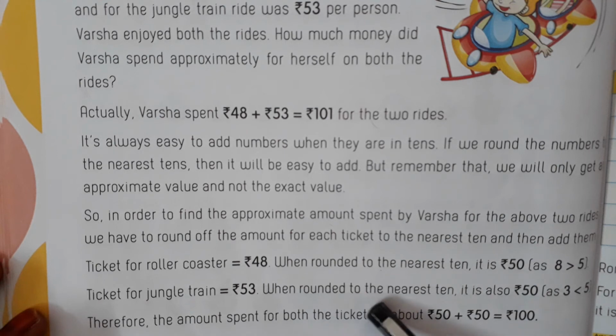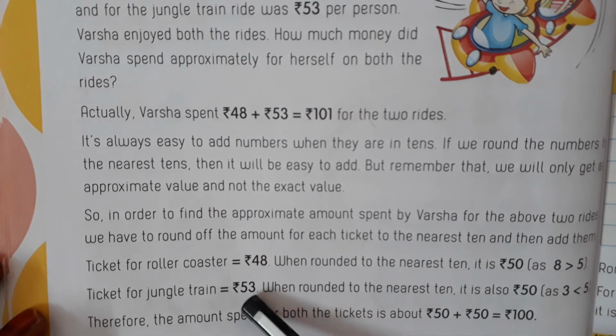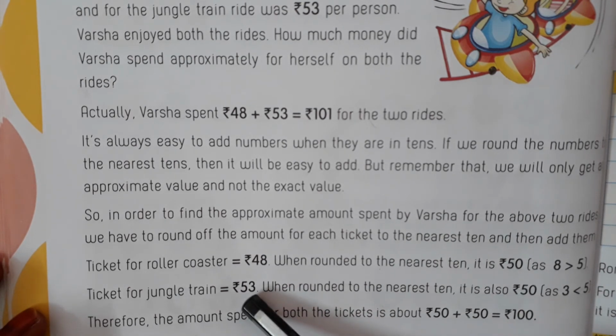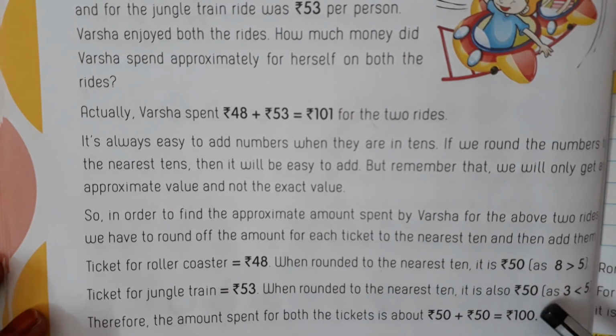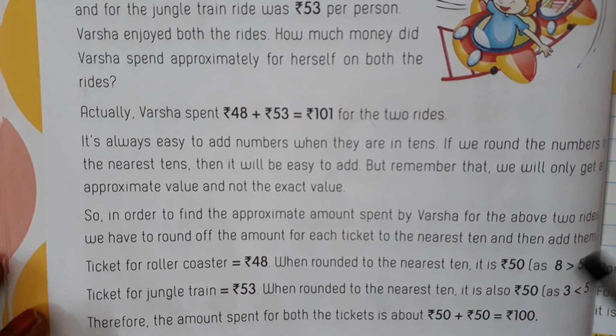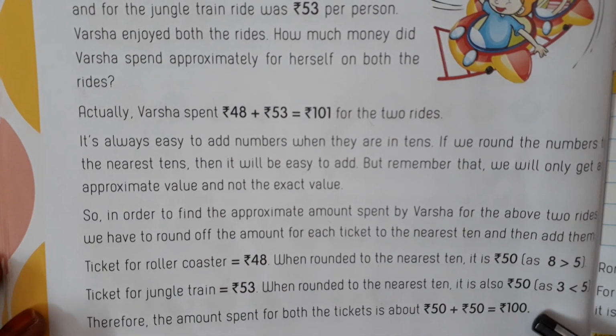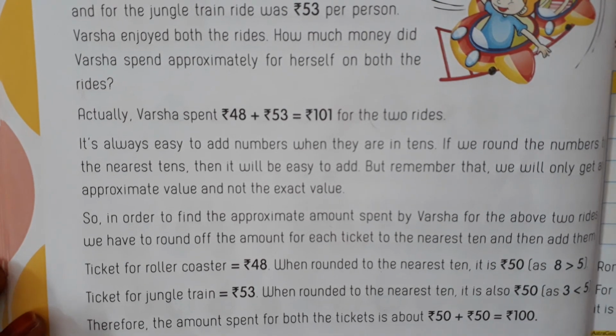When we round the number 53, what number will we get? 50 or 60? We will get 50. So add these two 50s. The amount spent for both tickets is 50 plus 50. How much? 100. This is the approximate value, not the exact value. Okay? Did you understand?